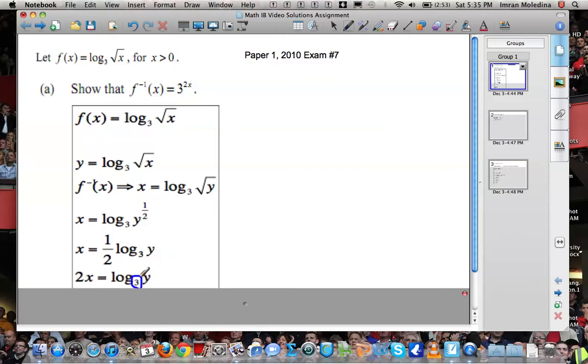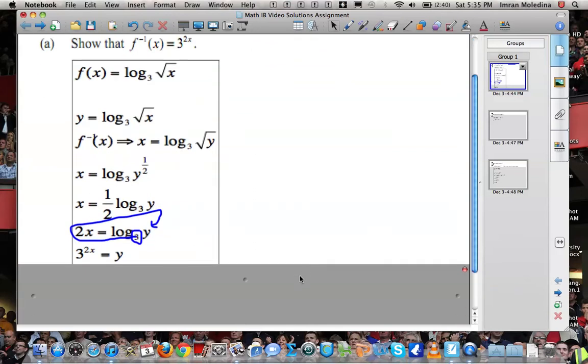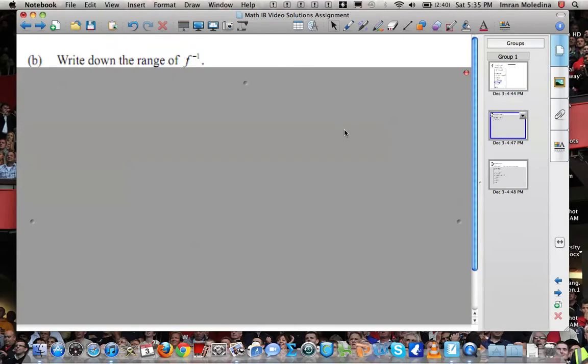So we circle the base, go to the exponent, and get the answer, which can be seen here to get the answer of 3 to the power of 2x equals y, which is QED.